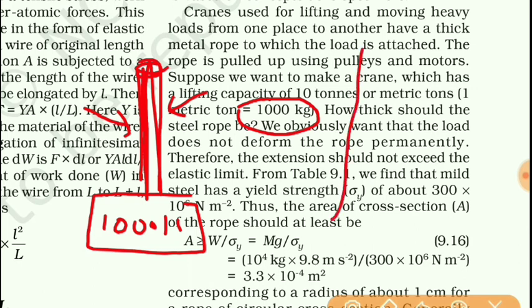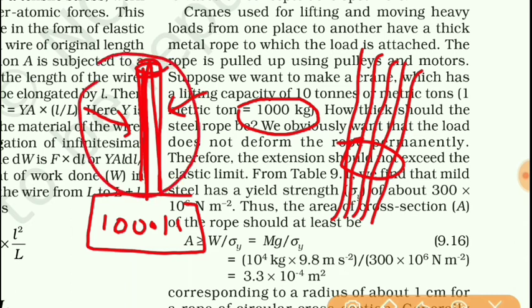Thin wires, many thin wires, they were braided together and a rope is made, so that that rope remains flexible. Because if one thick wire is used having a large cross sectional area, then that will not bend easily.